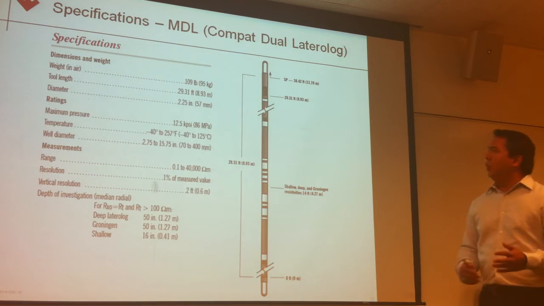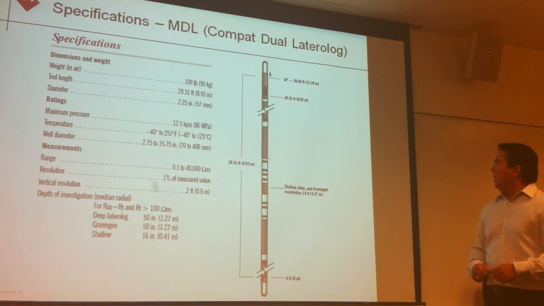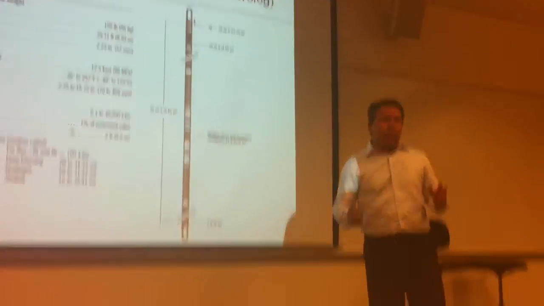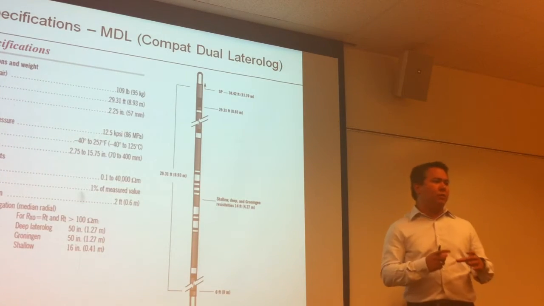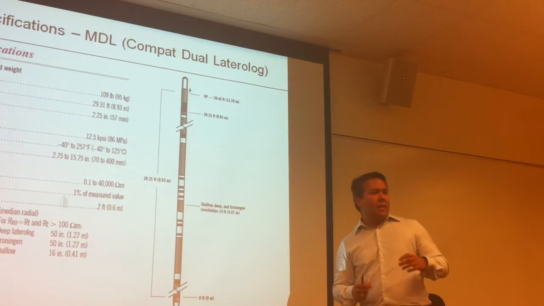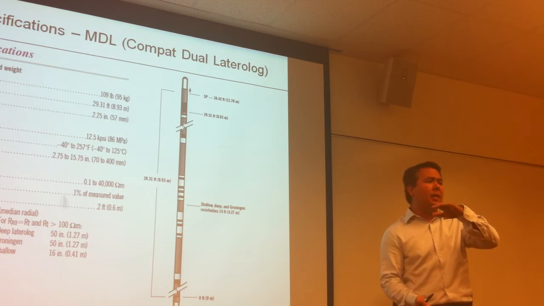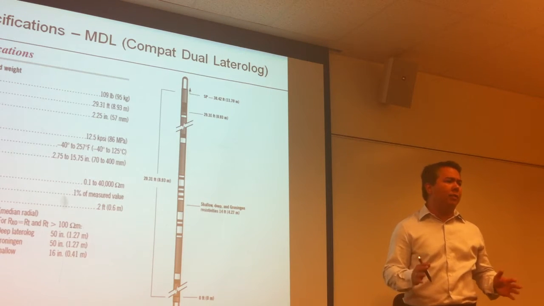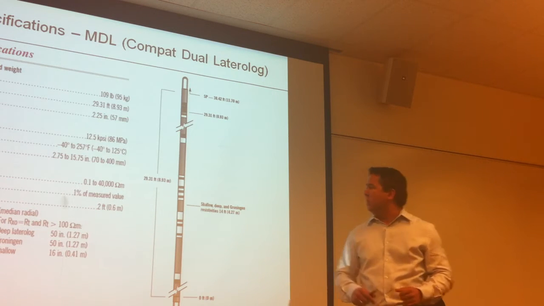Now, talking about the more specific details of the tool, as you all know, we have 2 versions, compact and standard. All compact tools have an OD of 2 and a quarter inches, right? The total length of the tool, with the MLE and the 2 guards, is almost 30 feet. This tool weighs 100 pounds, more or less.